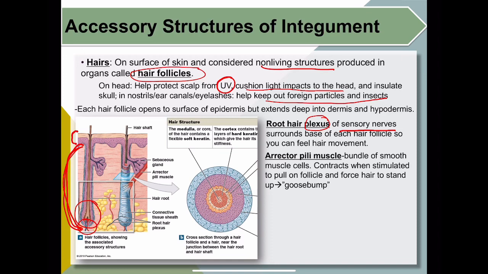hair movement. It's kind of like when wind is blowing against our hair, for example, and we feel our hair moving with the wind, or if someone pulls your hair a little bit accidentally, if your child pulls your hair a little bit, you feel, ouch, that hurts. Well, that's because there is root hair plexus in this area.